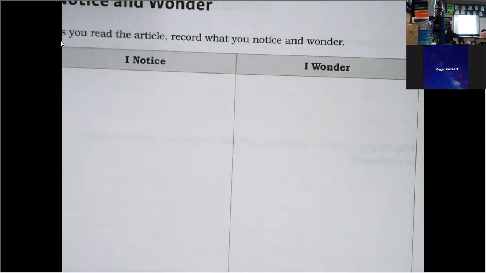His name on everything. Good. All right. Anybody got another notice? Not many plants.